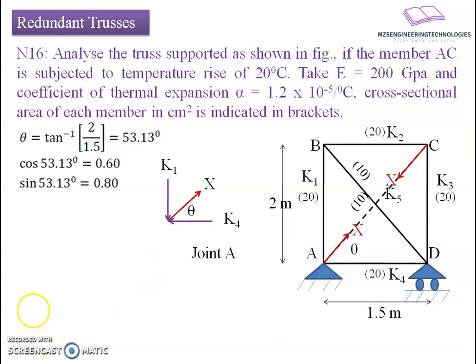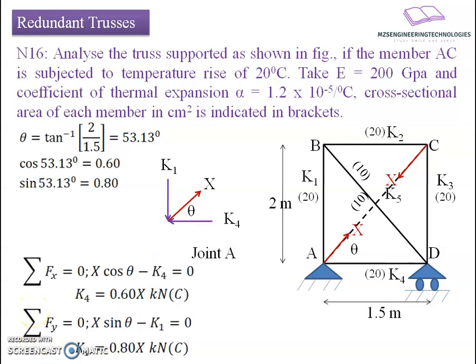Applying equilibrium equations, summation of forces in x direction gives X cos theta minus K4 equals 0, thereby giving K4 as 0.6 times X kilonewton, compressive in nature. Similarly, summation of forces in y direction gives X sin theta minus K1 equals 0, leading to K1 equals 0.80 times X kilonewton in compression.